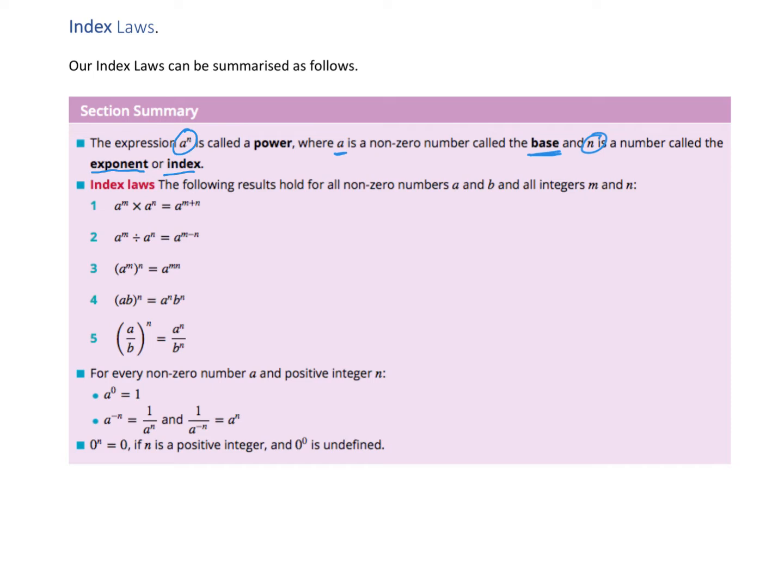Well, when you multiply two indices, you add the powers. When you divide two indices, you subtract the powers. When you raise a power to a power, then you can multiply them.